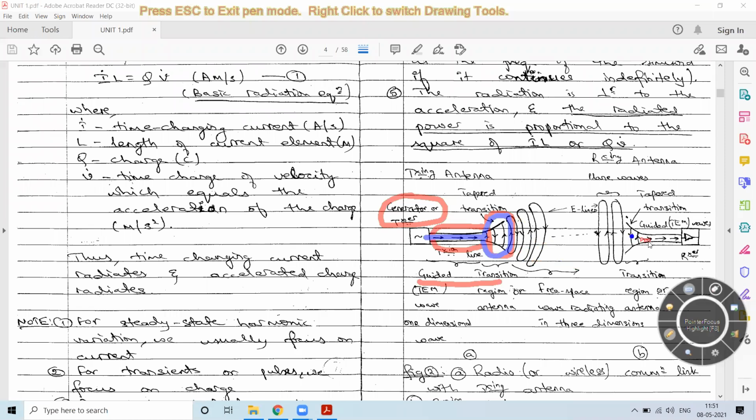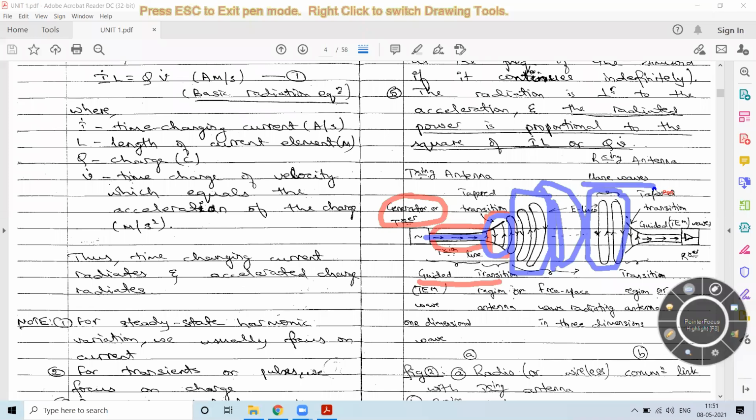Now when we look at these waves, these are the spherical waves. When we look at them from a far off distance, they appear as though they are straight, so it spreads around. When it reaches the receiving end, it will appear as though it is a plane wave.